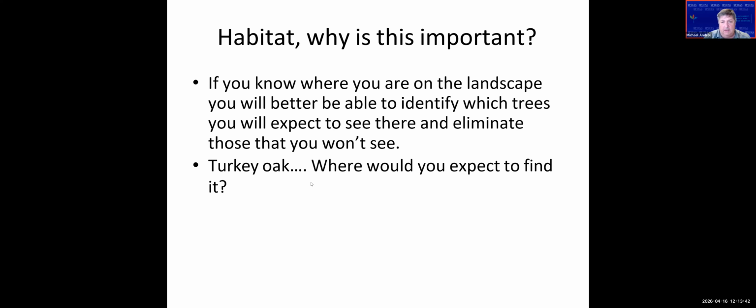Habitat is another one. Again, it is very relevant, especially in forested settings in Florida, because it dictates what plants you might expect to see. In Florida, especially South Florida, we don't have a lot of elevation changes.